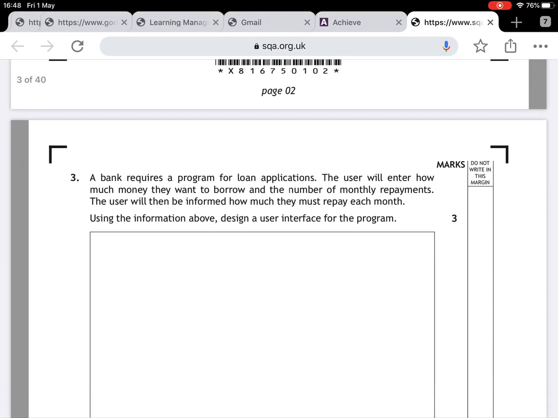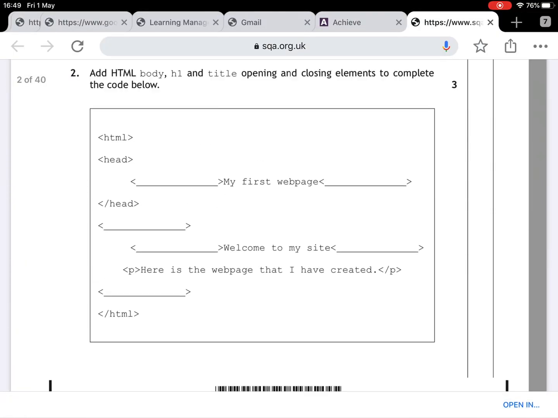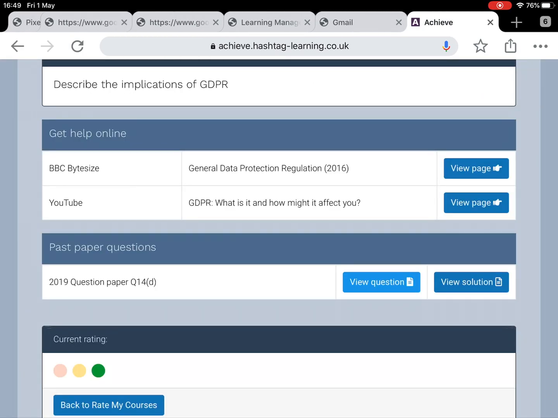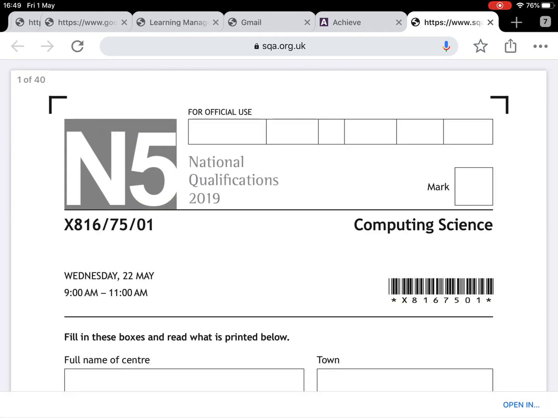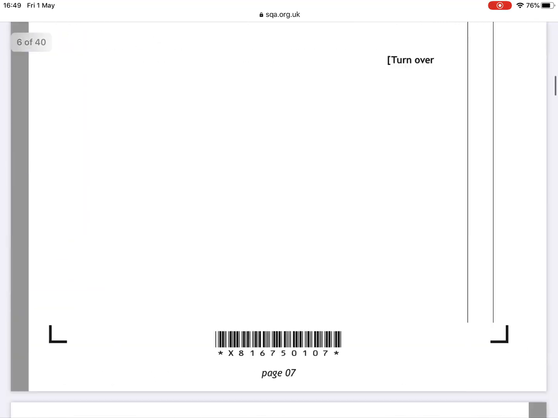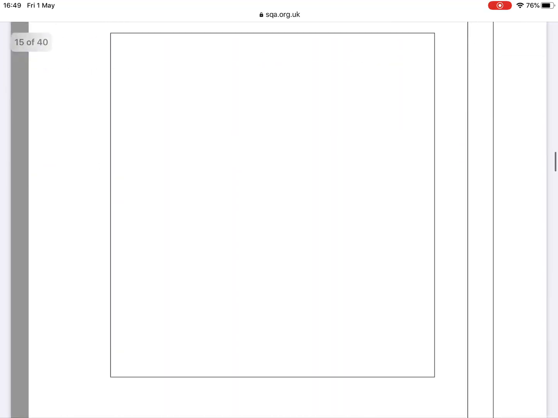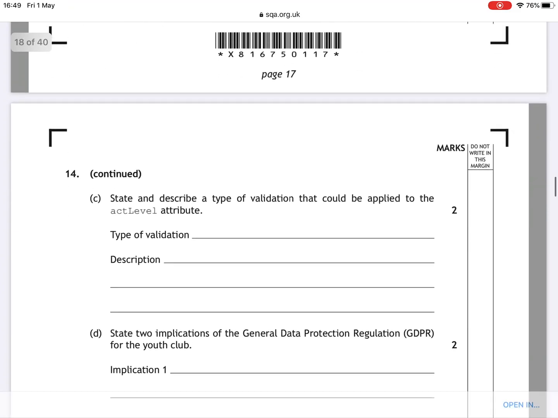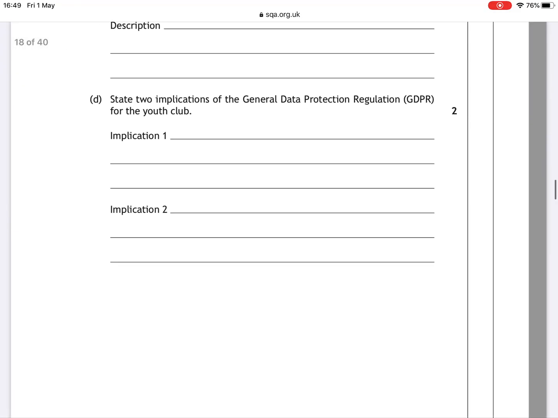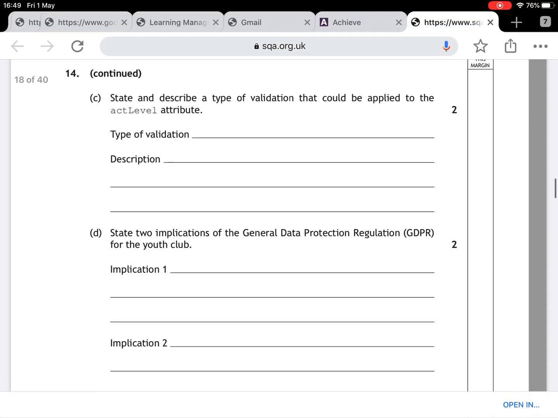It didn't. When I tried this on my laptop earlier, it did actually take me to the correct question. So it's 14D. Let's just scroll down. Okay, there it is there. So state 2 implications of the General Data Protection Regulation for the youth club. Okay, so 2 of those.